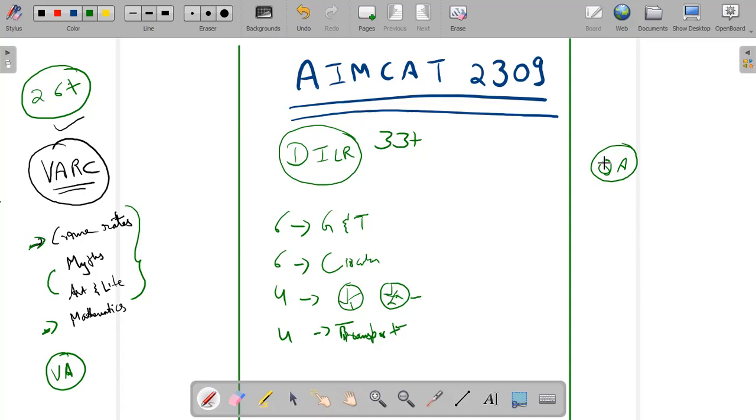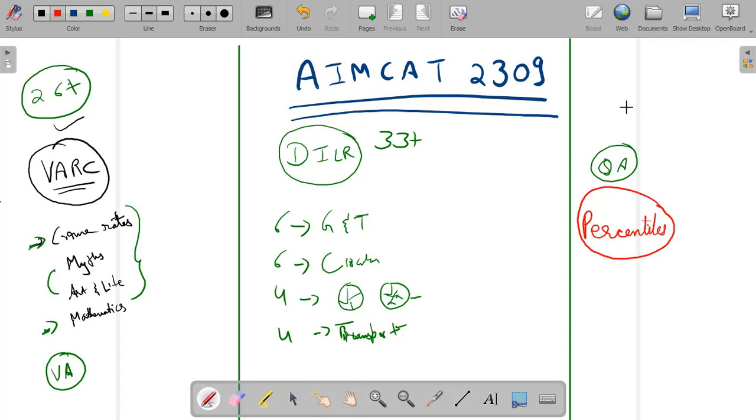But still if you are in the mock, take the mock as your real CAT and perform wisely. Even if the QA was not very relevant to the CAT, your focus should be on your percentiles, and on scoring a good percentile even in the irrelevant quant.